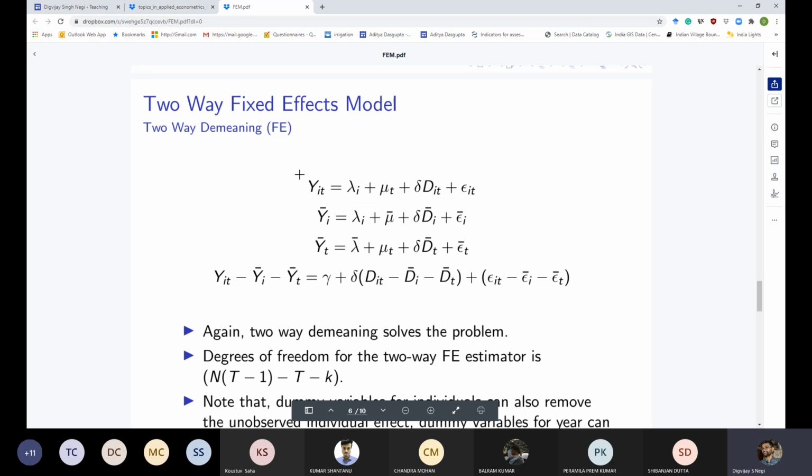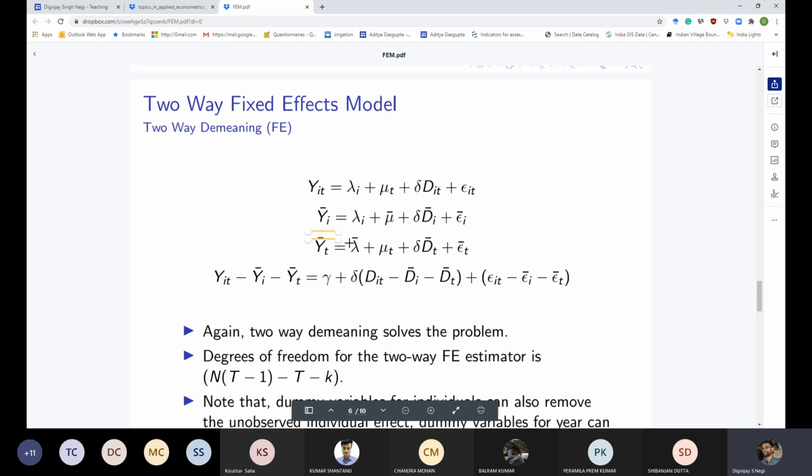You can do two-way demeaning. So for example, like before, you can first do a time average of this equation. So y_i bar is the time average, lambda i, mu t varies over time, so you will have a mu bar, and then d_i bar and epsilon_i bar.